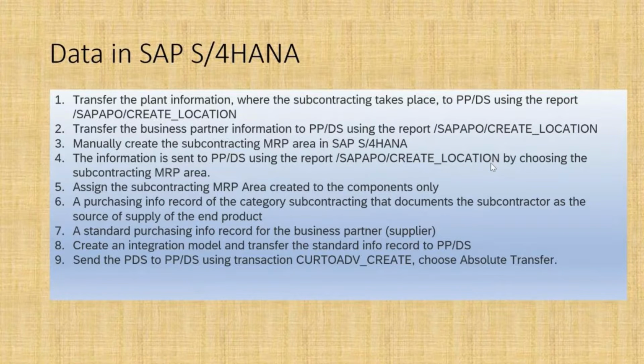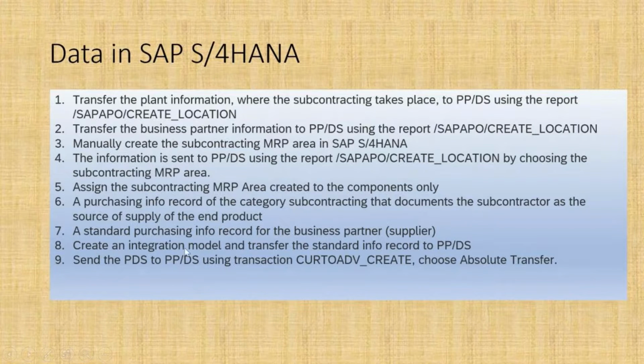Okay, assign the subcontracting MRP area to the created component. So only the components will have the MRP area assigned, not the finished product. There will be a purchasing info record created with the subcontracting category, which will be created for the end product. Okay, there will also be a purchasing info record which will be created for the supplier. All right, we have to shift this supplier towards the PPDS side, using the CFM1 transaction.